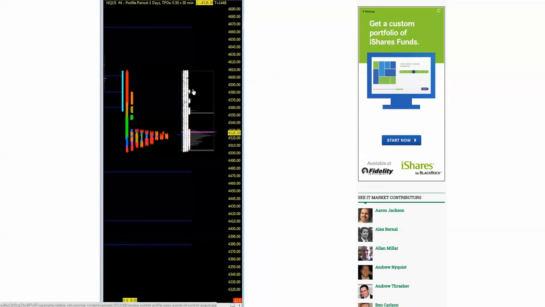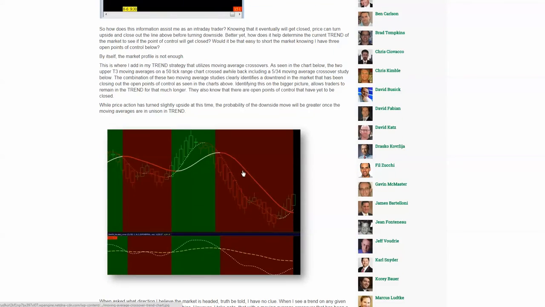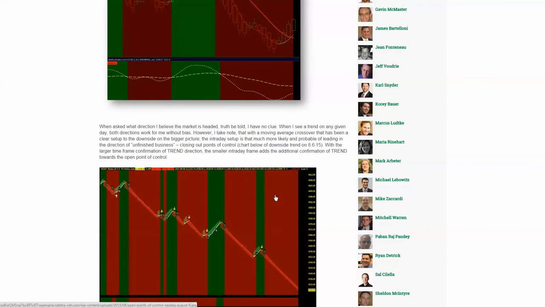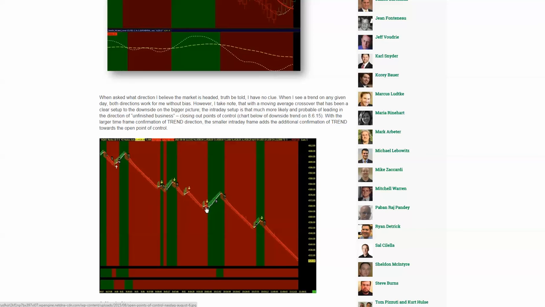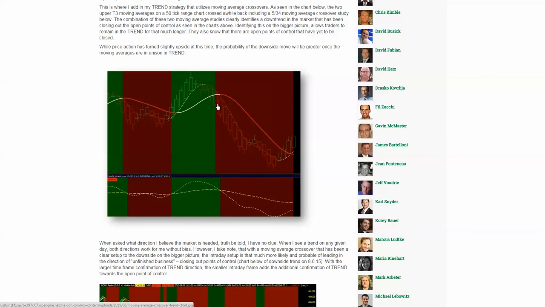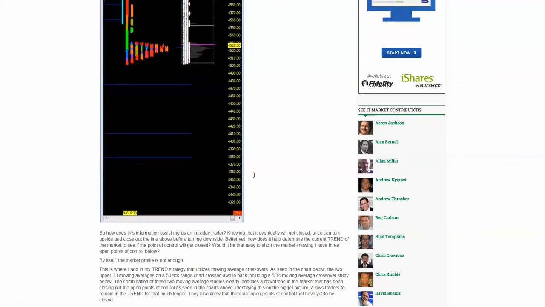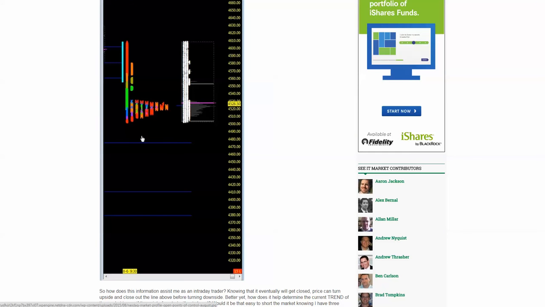Today being August 20th, we had 3 open points of control today, and I had stated in the article today that price action already in the bigger picture to the downtrend, even though we had a pullback, as long as price action on an intraday was forming to the downside, here on the sell signals crossover, this was in line with the bigger trend, we were going to go ahead at some point and finish up unfinished business down here.